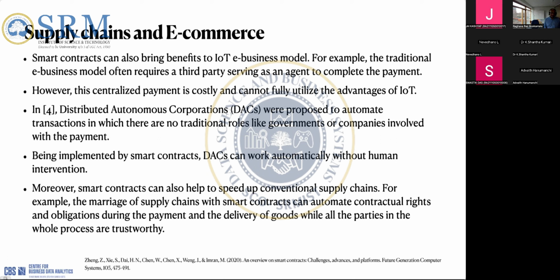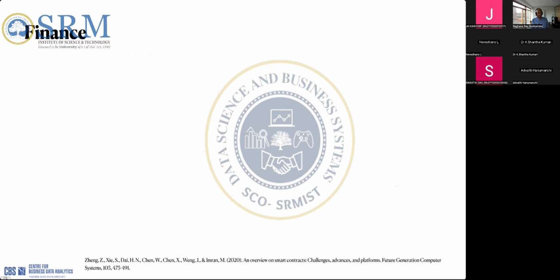Supply chains are one of the industries that will be affected a lot by smart contracts, because you have multiple parties with trust problems between them, and you can easily write those into rules. If it is a smart contract executing on the blockchain, then everybody is happy, because they can see that it is immutable, and you can easily track and trace everything. That is why supply chains will be affected a lot.